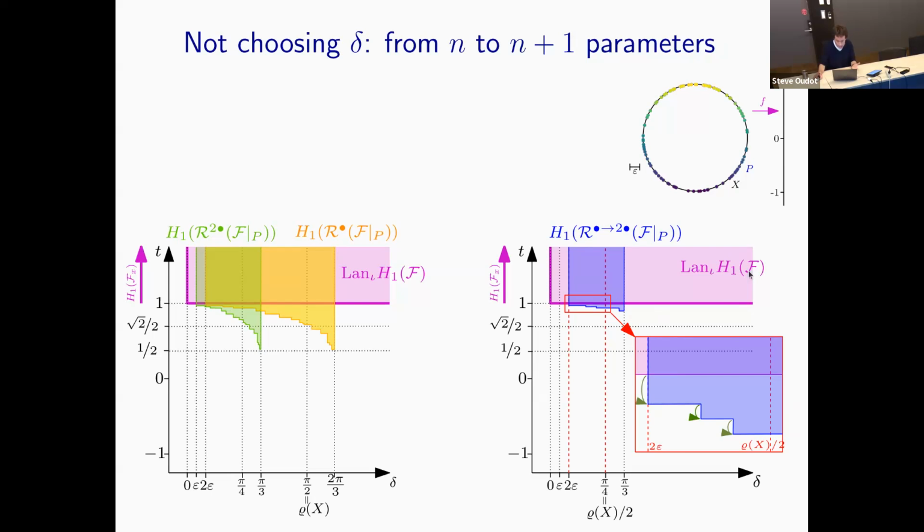And now the result says that within this slab here, going roughly from 2 epsilon to the convexity radius over 2, I've got a vertical interleaving of the two modules.